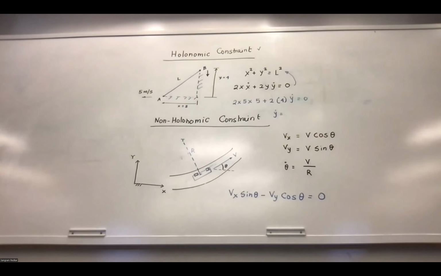Everyone understood this? So what is a non-holonomic constraint? If you have a ground vehicle, like a bicycle or autonomous car, if you want to turn it, it cannot turn wherever it is. You need to move forward and turn. So basically you have to move forward and turn.